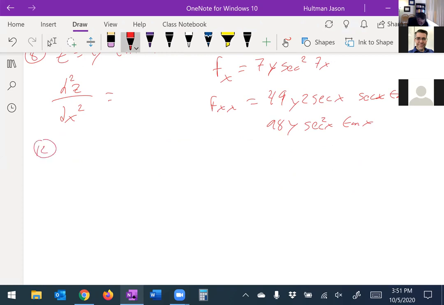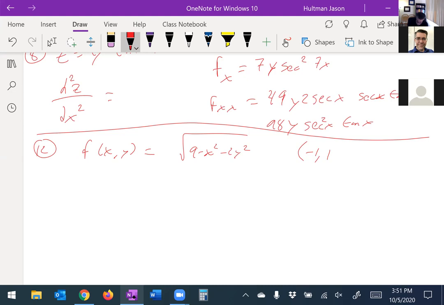Okay. So we have f of xy is equal to the square root of 9 minus x squared minus 2y squared. We want to know what's the linearization at -1, 1. So what's the linearization formula? Well, it's this guy here.